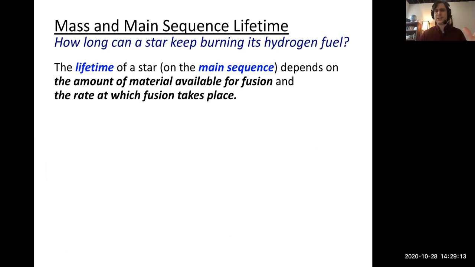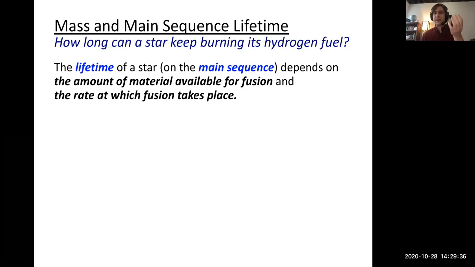Stars are not eternal. How long a star will live depends on the mass of the star, because the mass determines how much hydrogen fuel is there. It also determines how fast it's going to be burning up that hydrogen fuel, fusing hydrogen into helium.